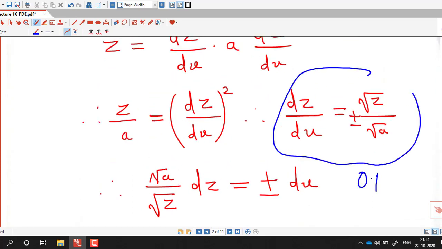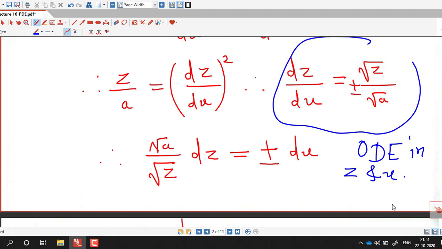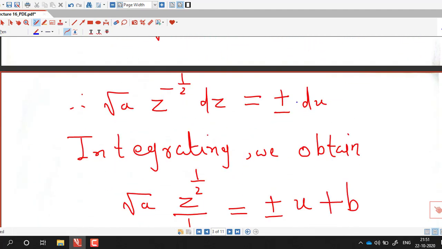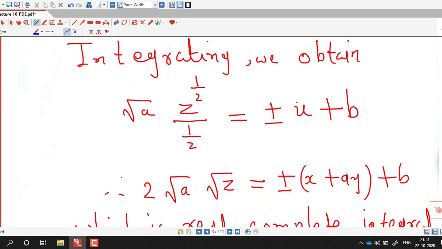This is an ordinary differential equation in variables z and u, and here this equation becomes a separable differential equation, and after integration we don't have to forget to put the value of small u, which is x plus ay.